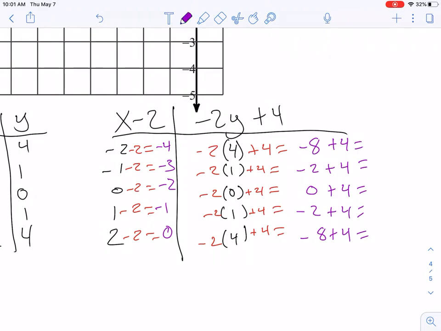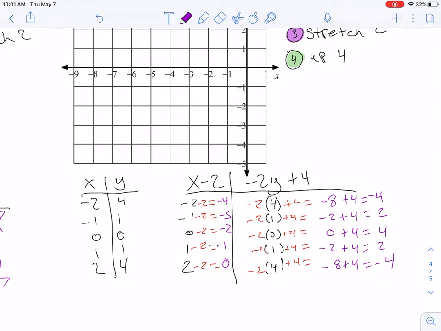And now I'm just going to combine these. So negative 8 plus 4, signs are different. Subtract, 8 minus 4 is 4. Keep the sign of the larger number. Negative 2 plus 4, signs are different. Subtract, 4 minus 2 is 2, and keep the sign of the larger number, which is positive. 0 plus 4 is 4. And we have the same 2 problems here, so 2 and negative 4.